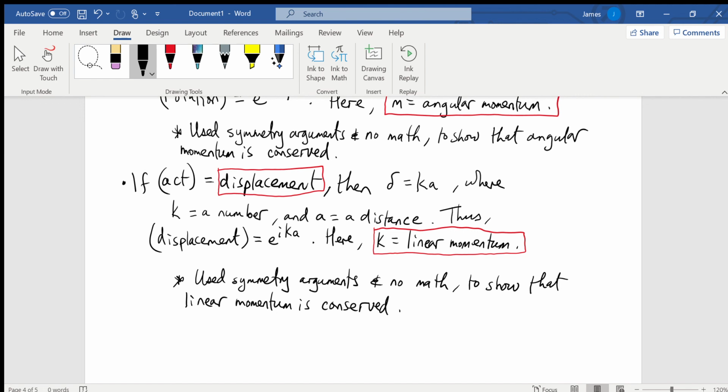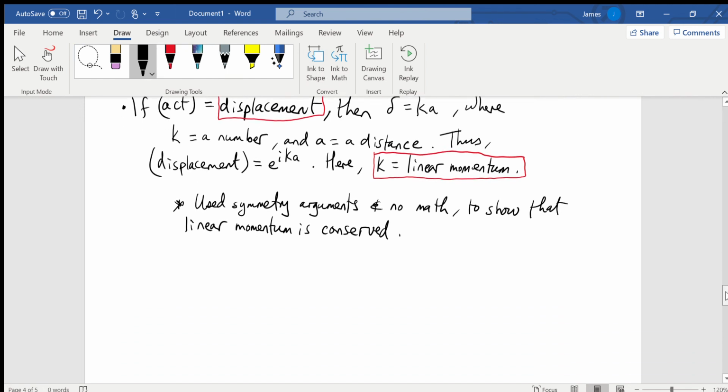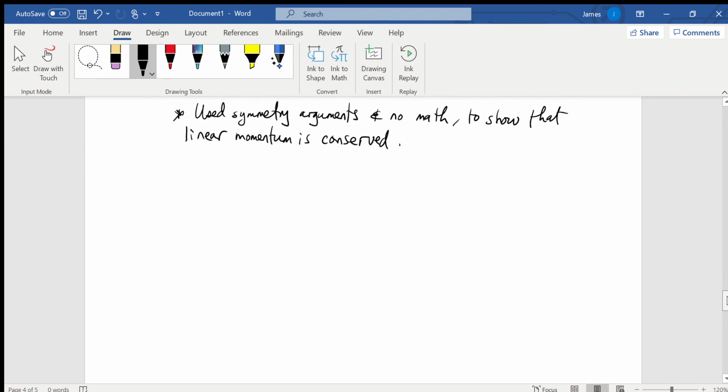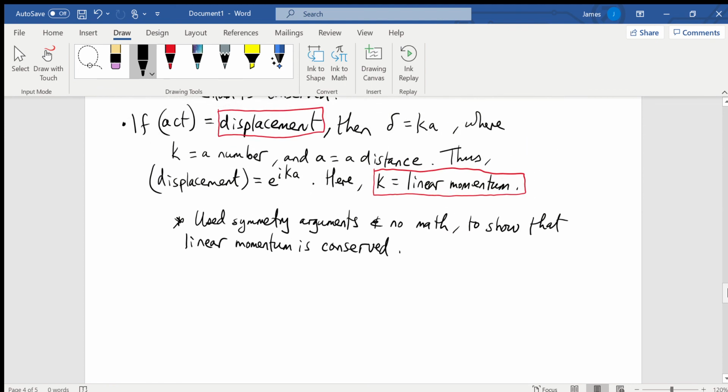Okay, last one we're going to do. It's not the last one we could do, but it's the last one we will do. And we've got plenty of room. If the act is a temporal change, a temporal change. I can't figure out one word that summarizes temporal change.